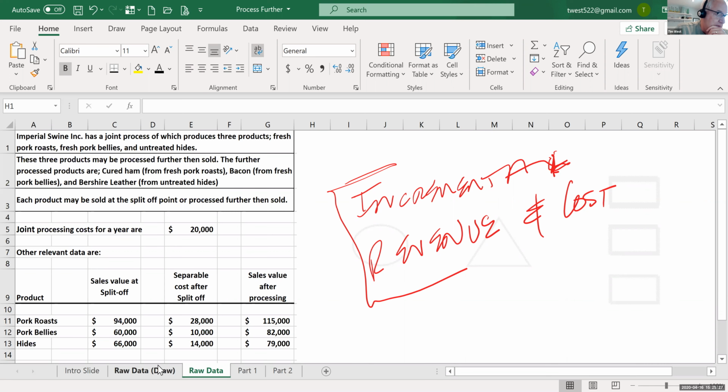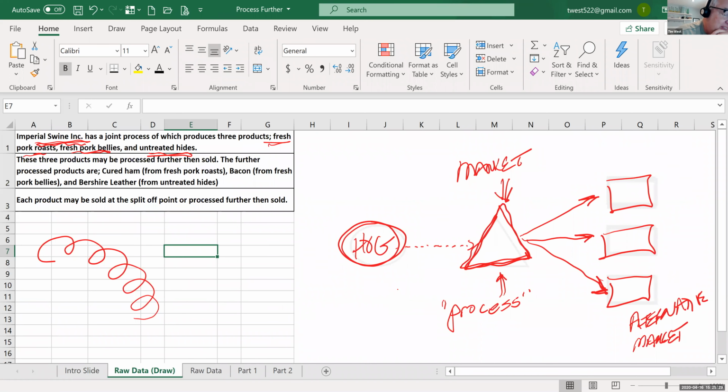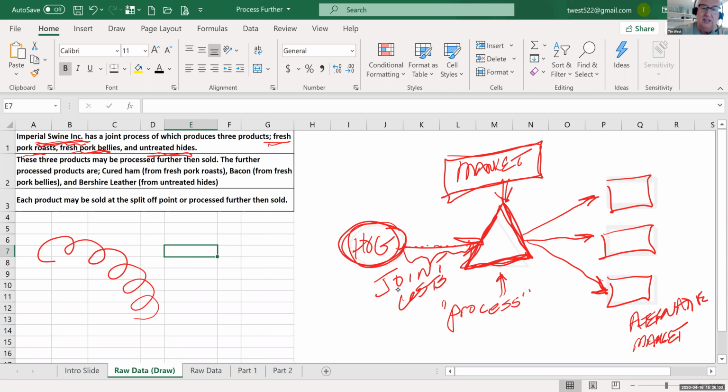So if I go back to my original look, the thing you're calling joint costs is the cost of just the primary acquisition of the input. We're trying to get from this stage into these first products, based on the initial process, and they're available for a market right at that point.